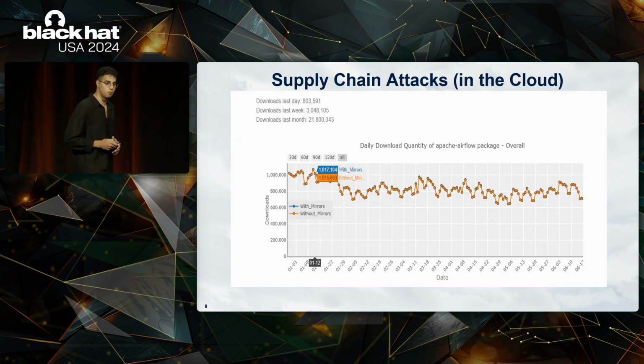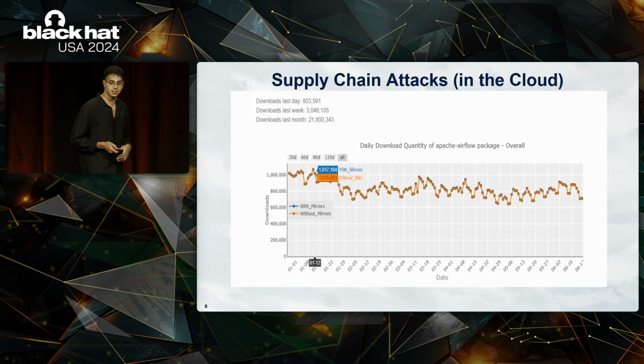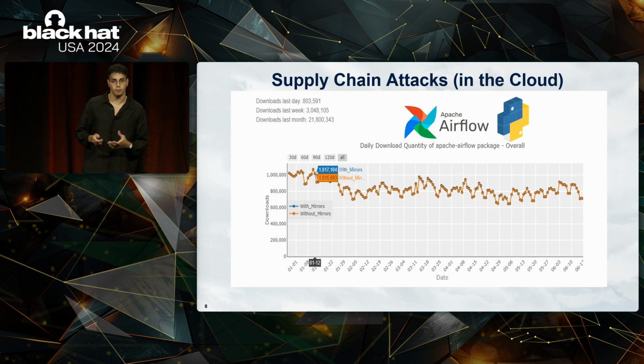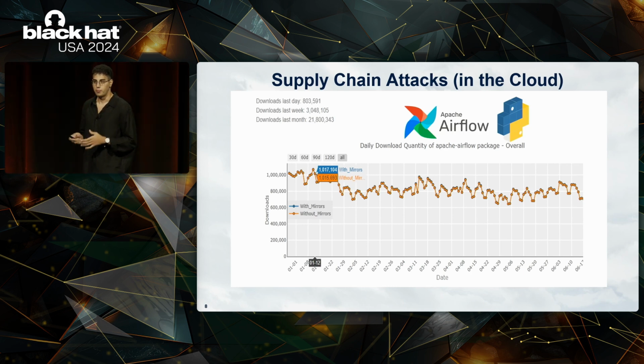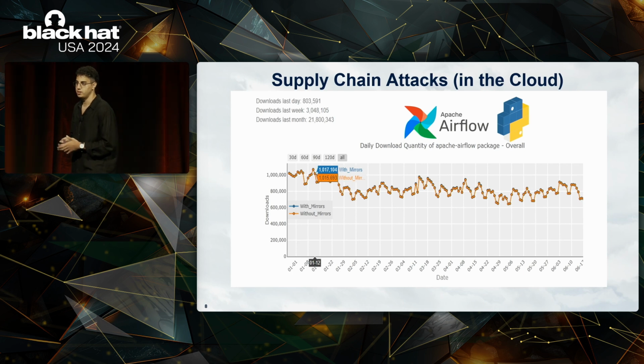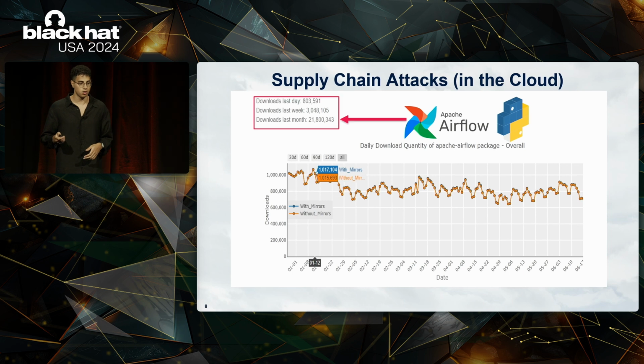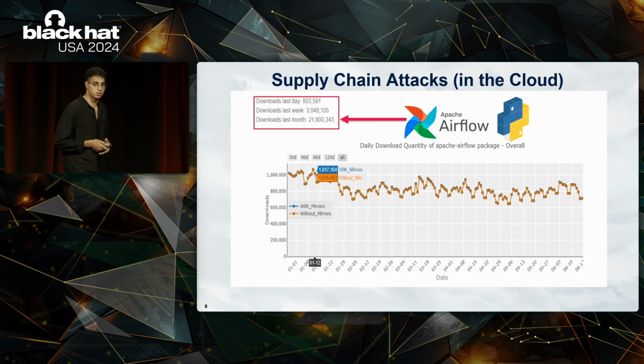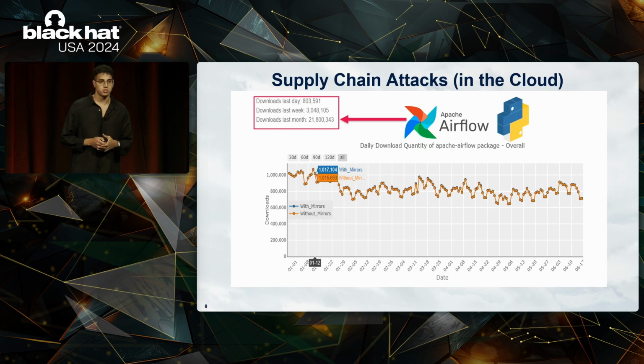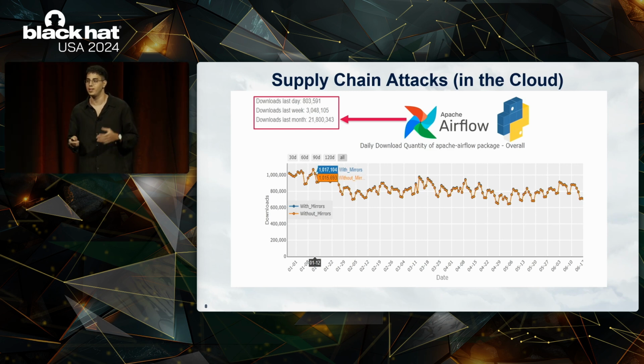We can take it into a more practical example and look at these statistics of the Apache Airflow package in Python. The Apache Airflow open source system is a system that handles data pipelines and workflows. So you can see at the left side of the screen, this package, as of June 2024, was downloaded almost 22 million times.